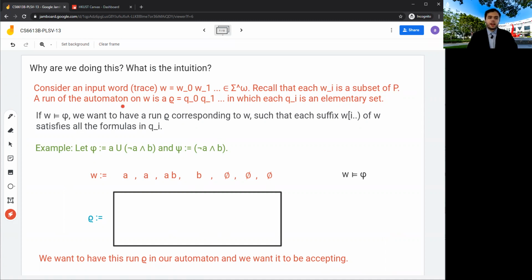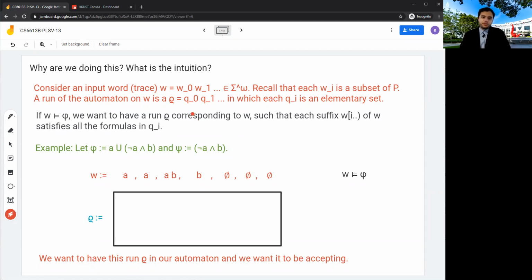Now, let's say that I get a run of my automaton over this trace W. And let's call that run rho. And let's say that the states that I see in this run are Q0, Q1, and so on.